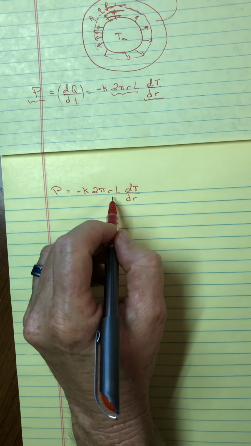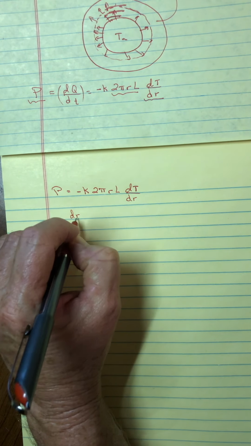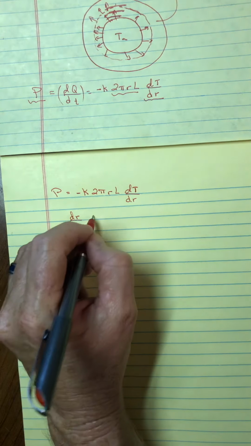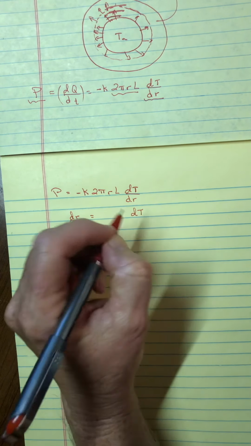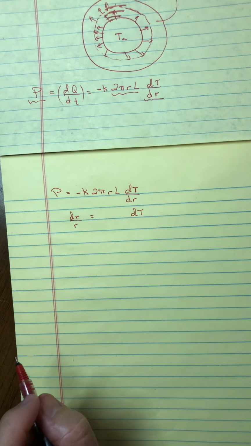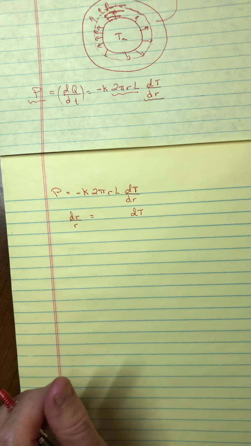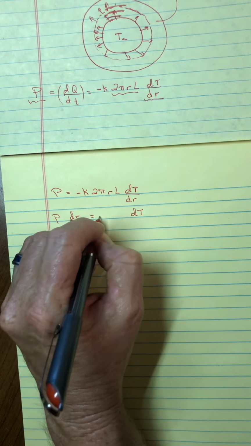You can kind of see that if I move maybe the dr and the r to the other side, I get dr over r on the left-hand side of the equation, and I'm left with just T on the other, and then a bunch of constants. And you can decide if you want to put the constants together on the right or the left, or leave them separate. I usually put my constants together, but you know what?